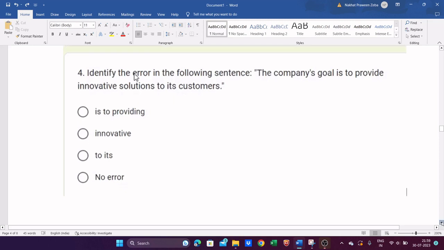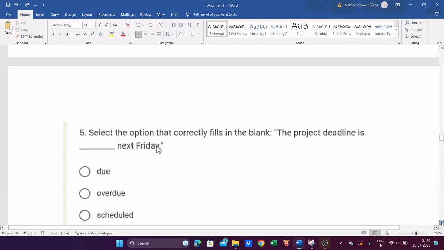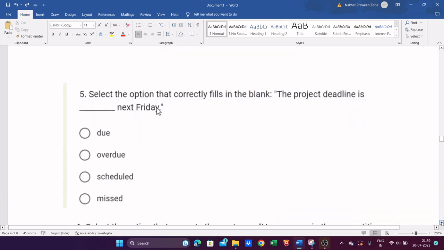Next question. Select the option that correctly fills in the blank. The project deadline is dash next Friday. Here it is referring to the future perspective, right? So due cannot be there. Due will be used in the past, for what happened already.